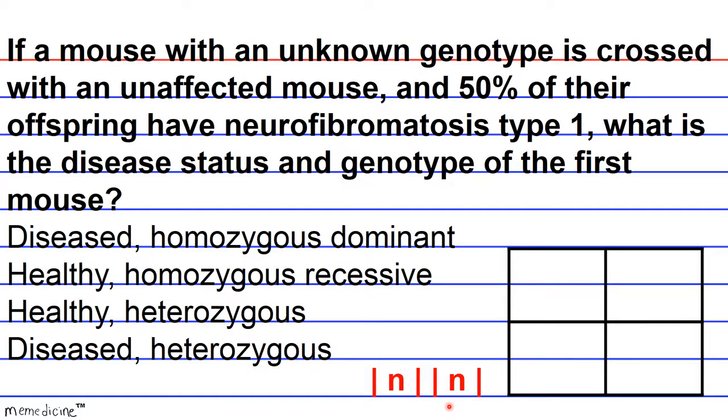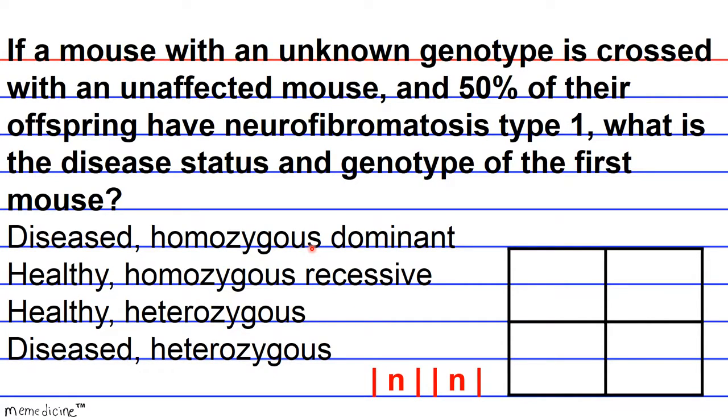All right, and so each of the 3 possible genotypes, whether it's homozygous dominant, homozygous recessive, or heterozygous, will have distinctly different proportions of diseased offspring when crossed with a homozygous recessive mouse, which is basically the unaffected mouse, okay?